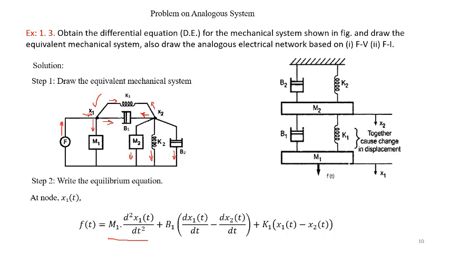Then from this part the net displacement is b1 into dx1 by dt minus dx2 by dt. And next we have the next element k1, that is k1 into x1 of t minus x2 of t.